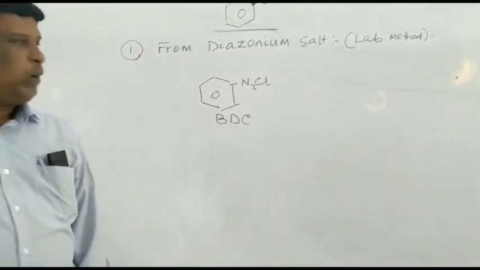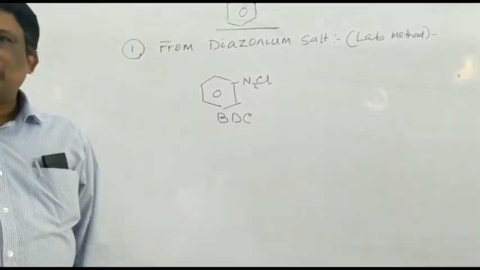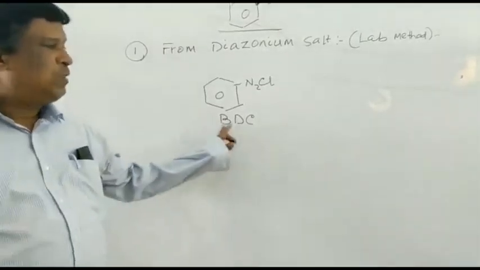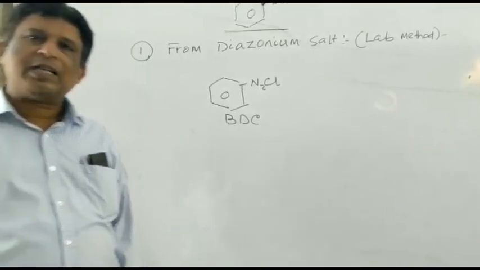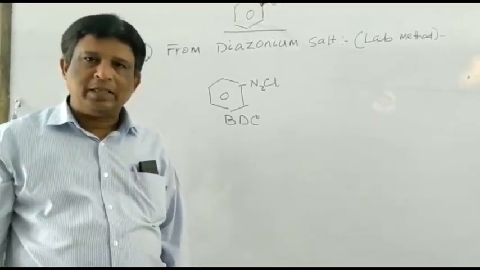So, before going to the method of preparation of phenol, let us discuss how benzene diazonium chloride is formed. Here, the starting material is benzene.